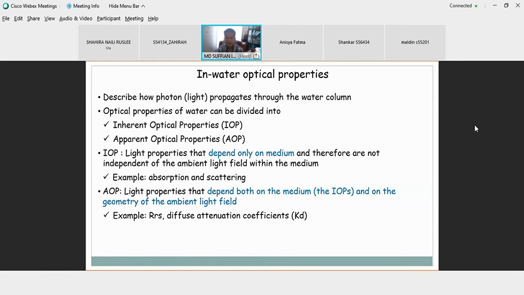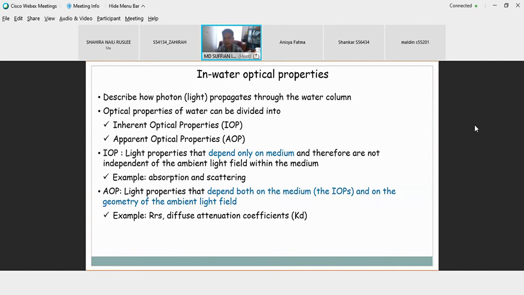So light property for IOP is absorption. Absorption kita tahu bahawa kalau kita tengok kepada phytoplankton, dia absorb in the blue and red wavelength, and no absorption in the green. Dia bergantung kepada wavelength.